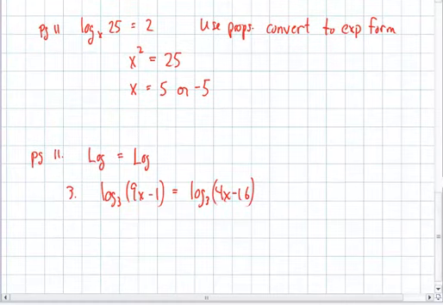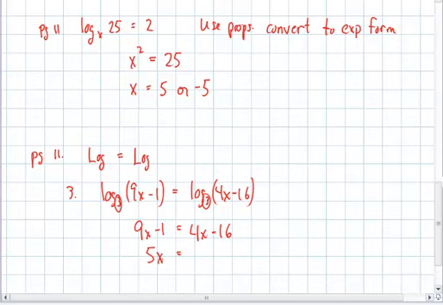Because the logarithms are the same base and you only have one on each side, you can just set 9x minus 1 equal to 4x minus 16, and that would give you 5x is equal to negative 15, x is equal to negative 3.